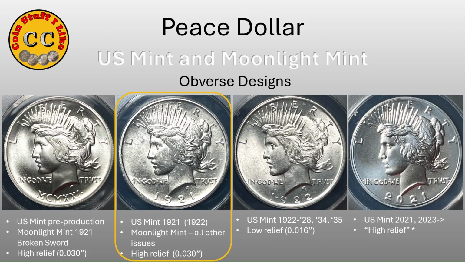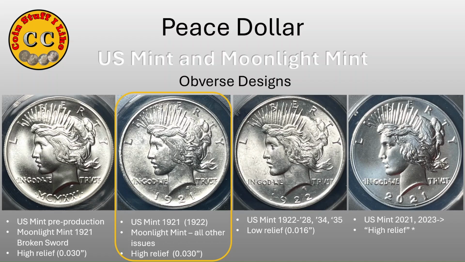Now, just a little bit of sidetrack here, going over the different obverse designs. This one parallels the 1921 high relief peace dollar, and it has a high relief of 0.030 inches, which is pretty significant. They dropped it because they had trouble striking them. The 1921s, they dropped that relief on the obverse down to 0.016 inches in 1922 and continued that for the rest of the series through 1935.